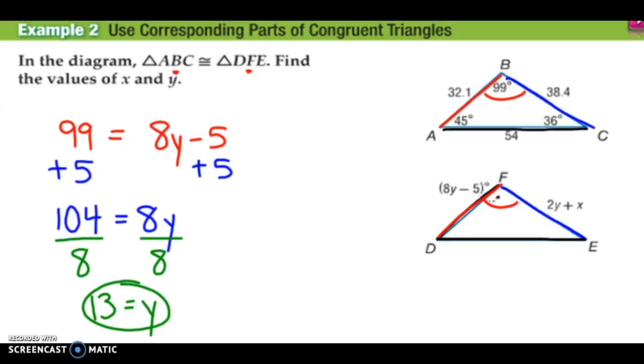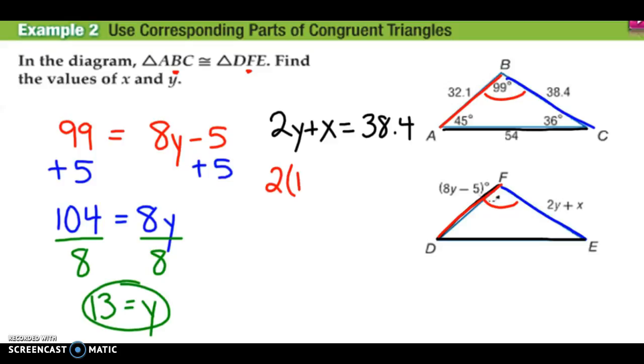The next thing I can see is that FE, the blue side, is going to be equal to 38.4. So I can write it as 2y plus x is equal to 38.4. Well, we already know the value of y, which is 13.